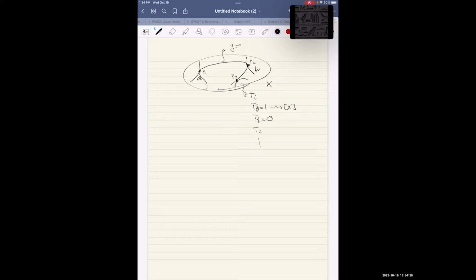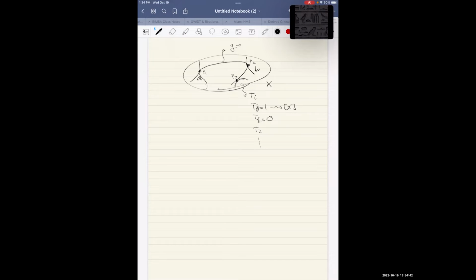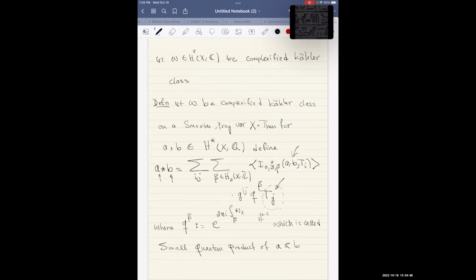So I'm going to choose based on these things whatever. So let's say all the curves that these have intersection with, all the surfaces that these have intersection with, all the way up to codimension 0, the whole variety. So this actually tells me how many such curves there are. And that's this number, right? And then the rest, G^{ij} q to the beta Tj, is the remaining coefficient of the cohomology class for that Tj.